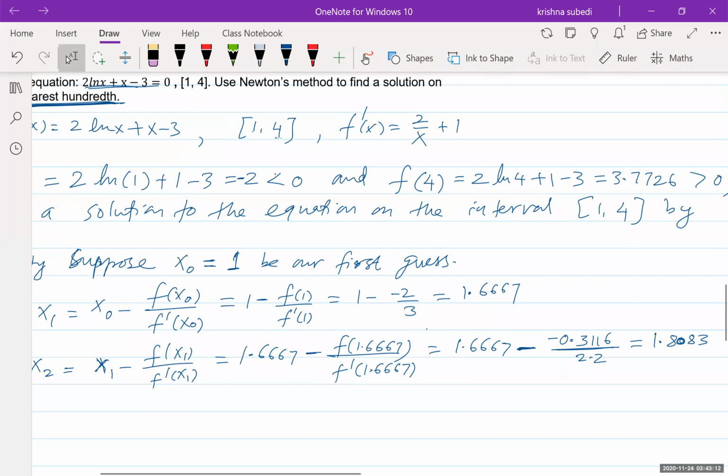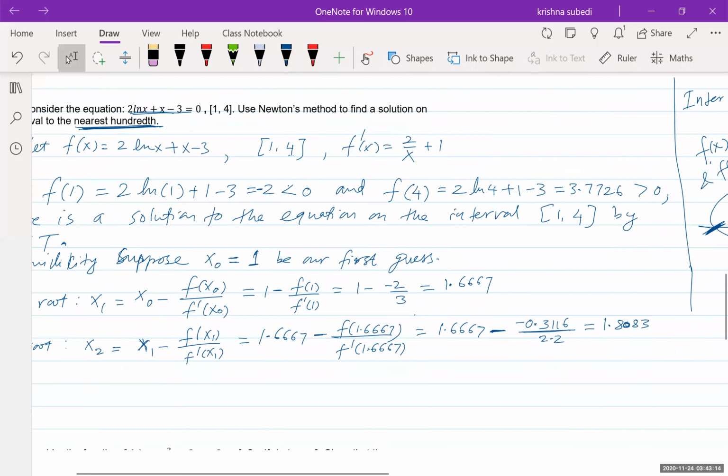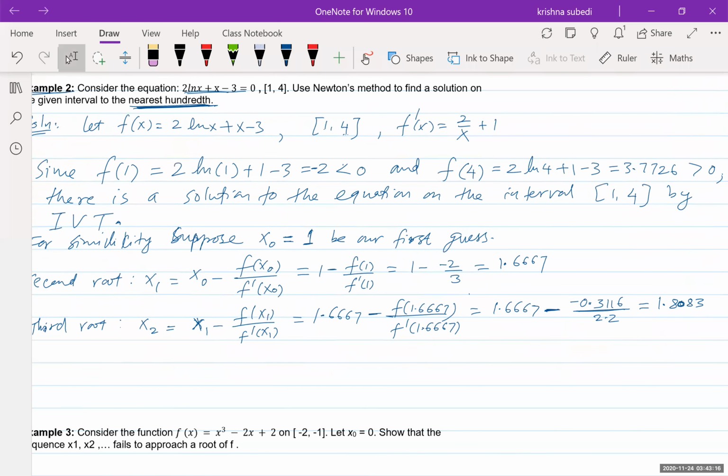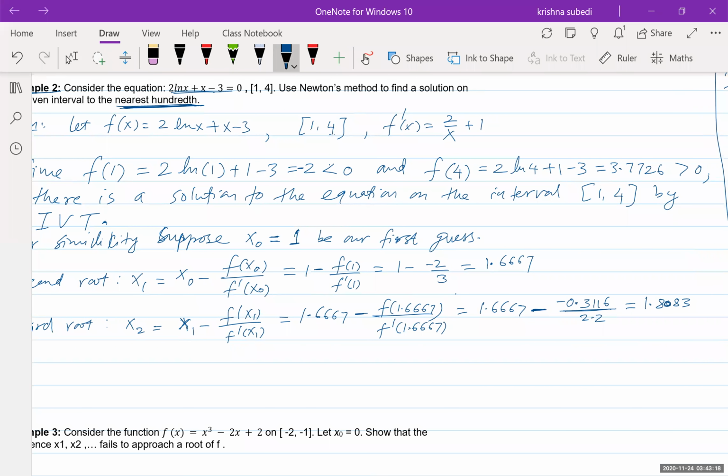Okay. Now, the question tells us to find the answer nearest to 100th. What it means is you round that to the nearest 100th. So that's going to give me 1.67. If you do the nearest to 100th, that's the value.